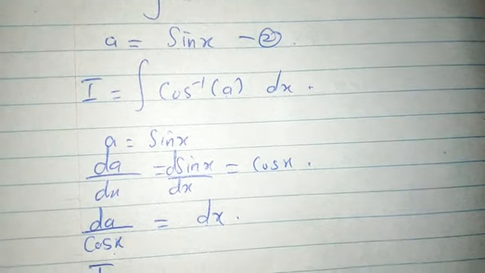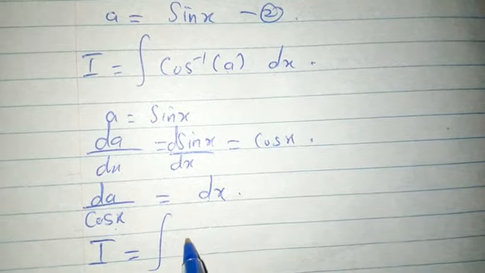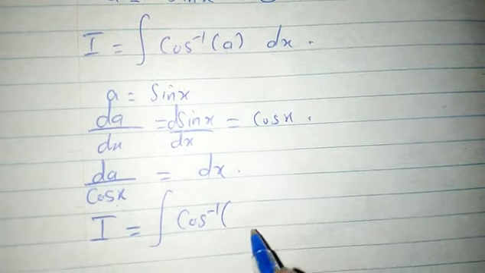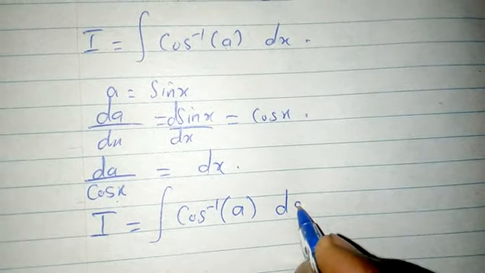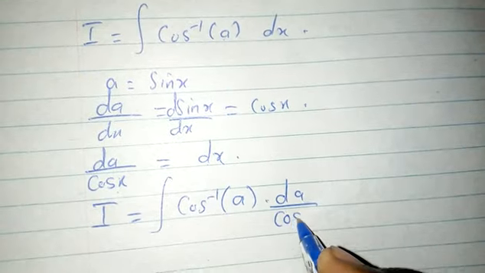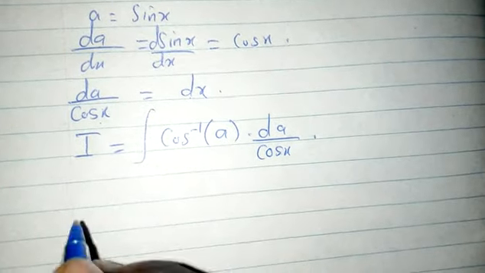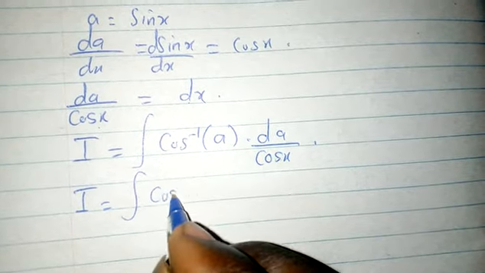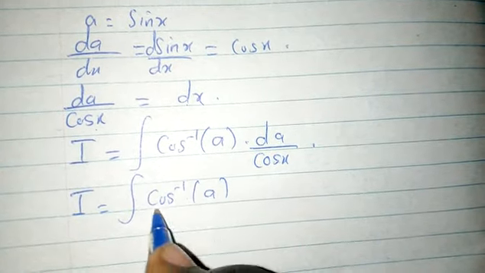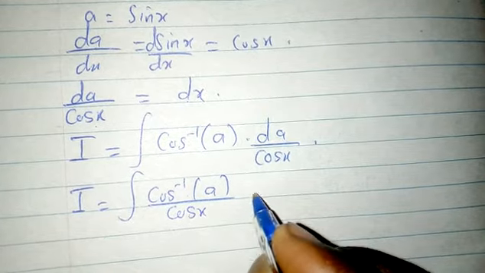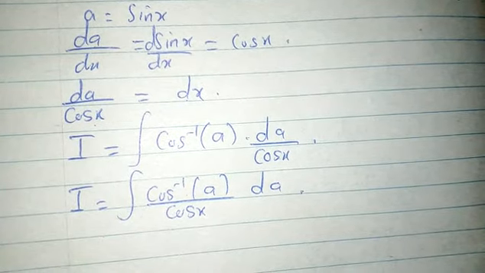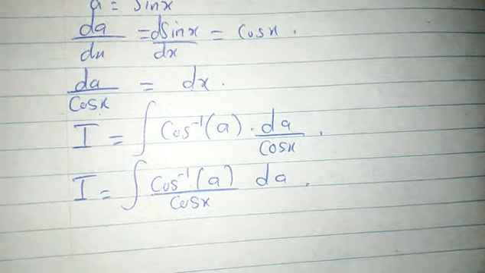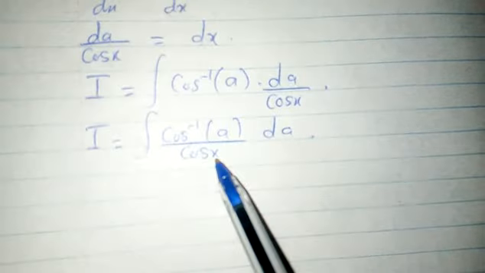So I is now going to be equal to the integral of cos inverse of a da over cos of x. So our equation is now I is equal to the integral of cos inverse of a over cos of x da. Now we are integrating with respect to a, not x, but we have our x as a variable in this function.